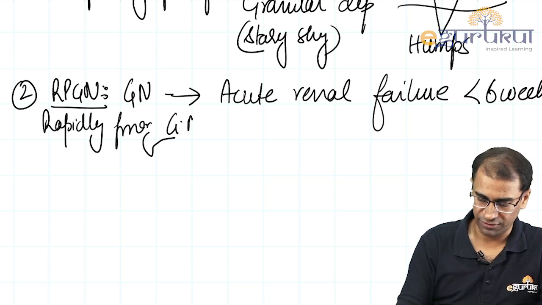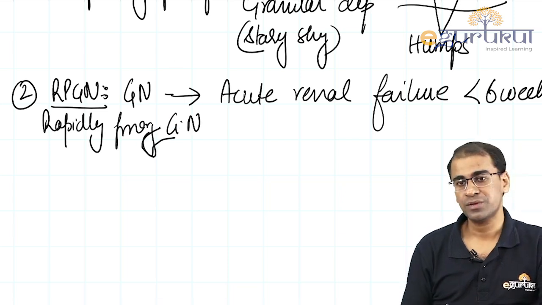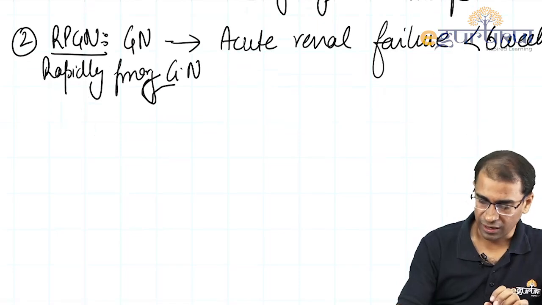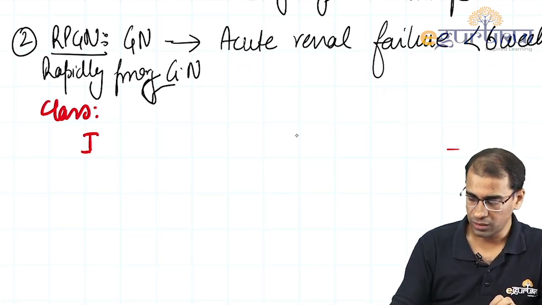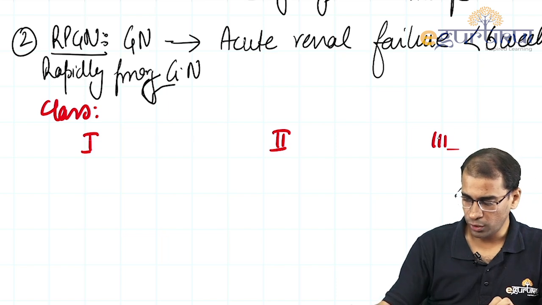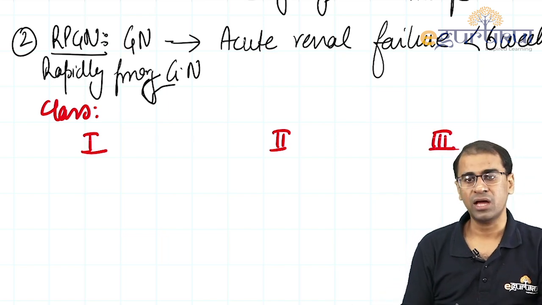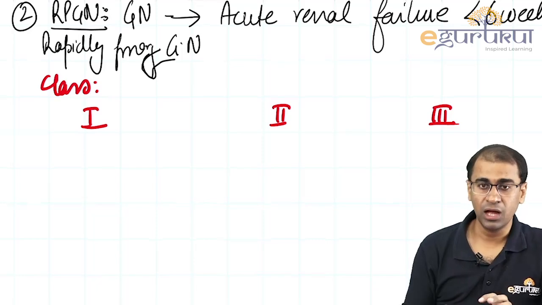Now, before we move to the morphology, classification becomes a very important part here. It can be RPGN 1, RPGN 2 or RPGN 3.